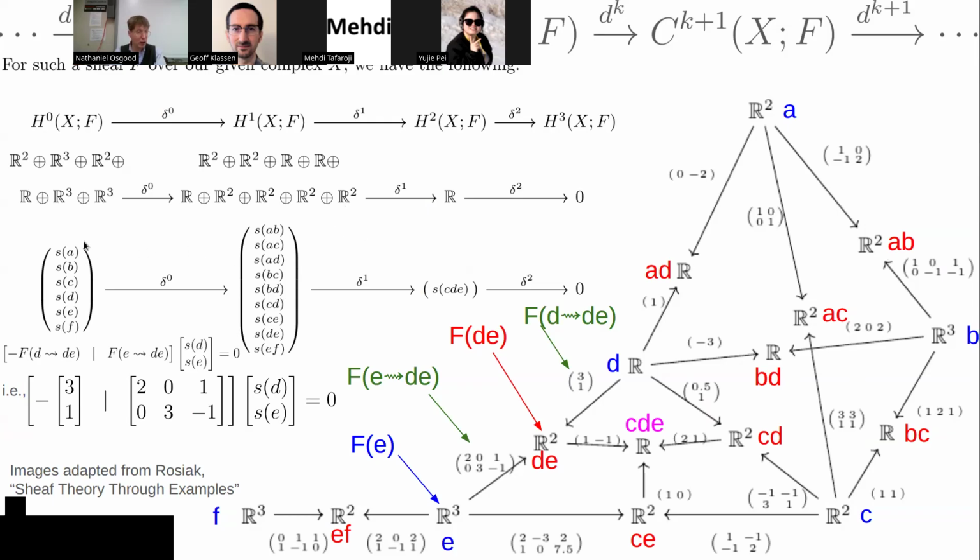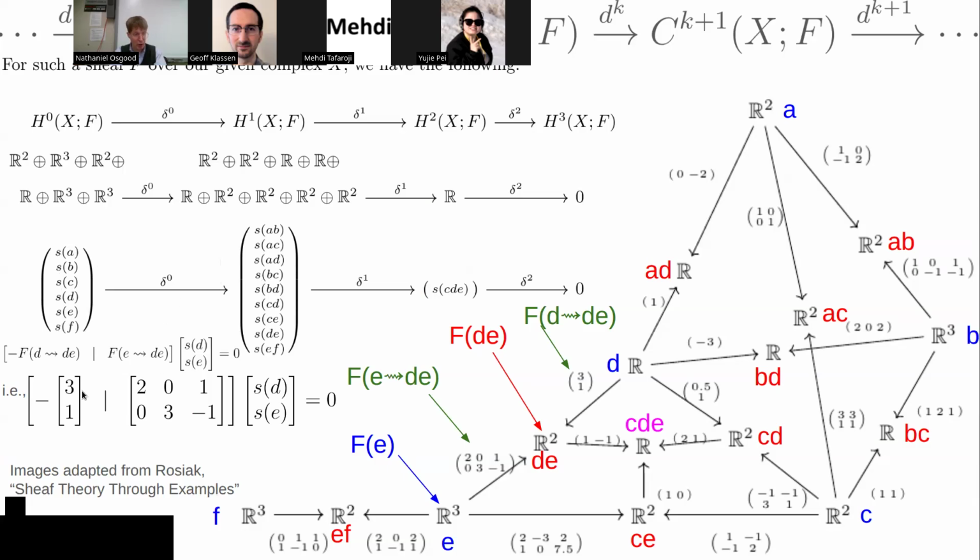This mapping is a linear mapping. It's a vector space. It's a big one, but it's a vector space. And what we're going to be doing in our coboundary map is taking each of these and looking at its discrepancy when we map it.